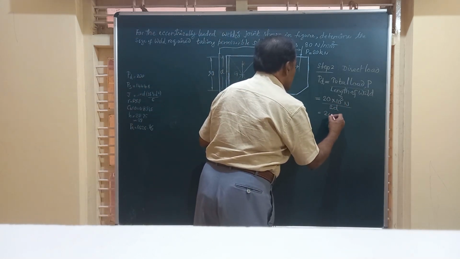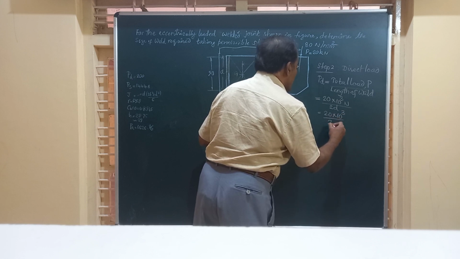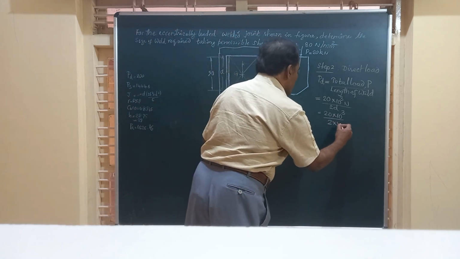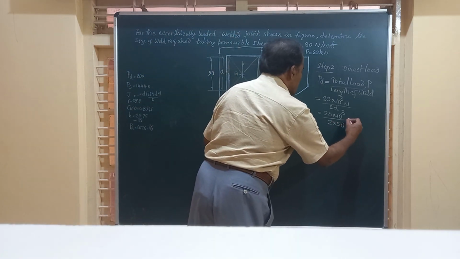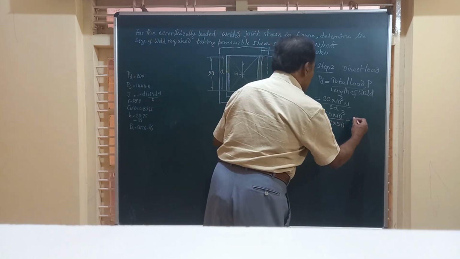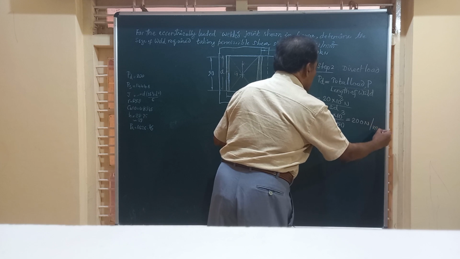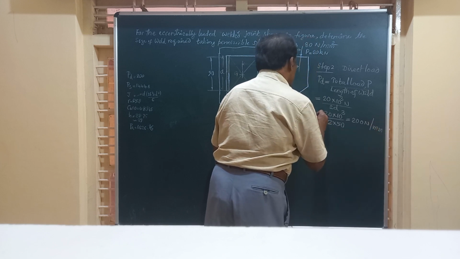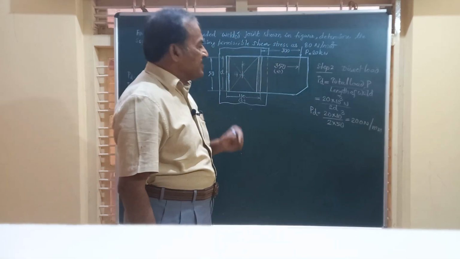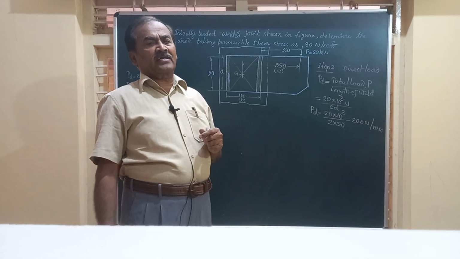So 20 into 10 to the power of 3 divided by 2 times 50 works out to 200 Newton per millimeter. So this PD has a value of 200 Newton per millimeter, and we have to locate where it acts.